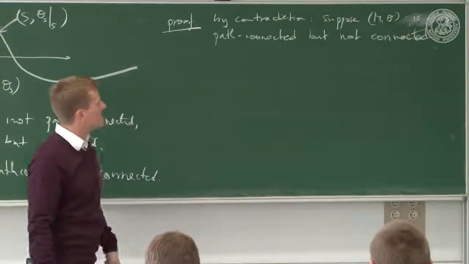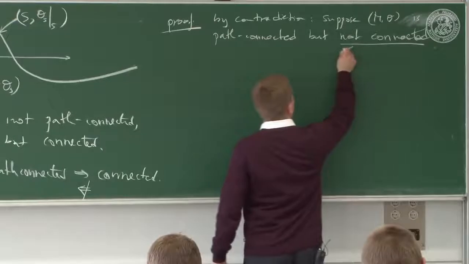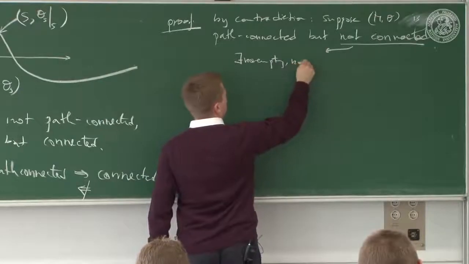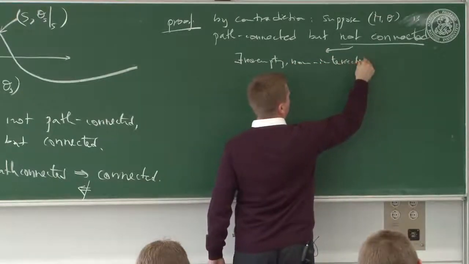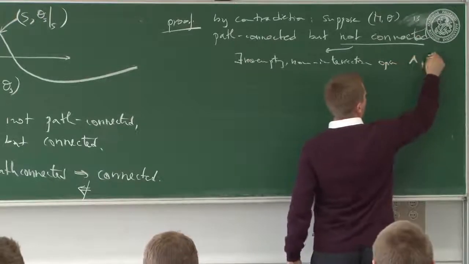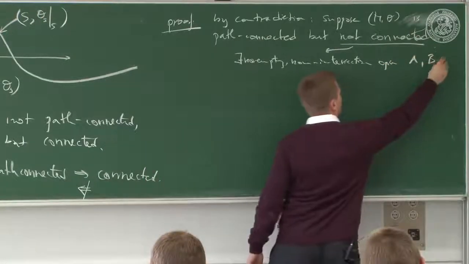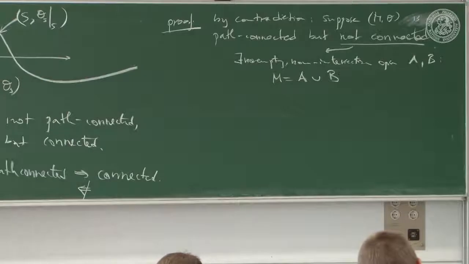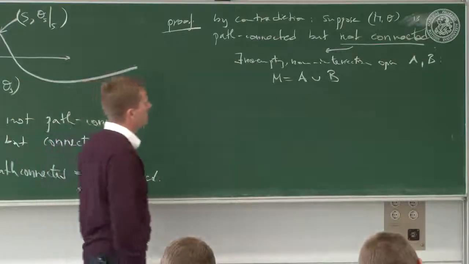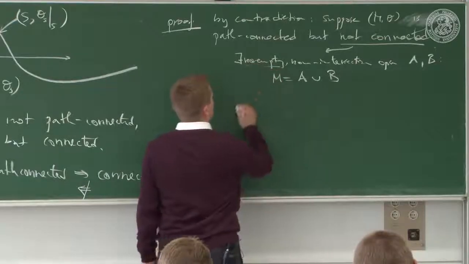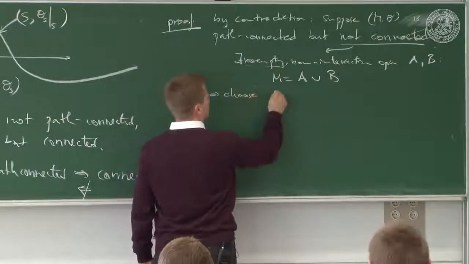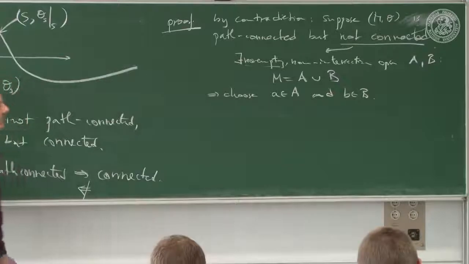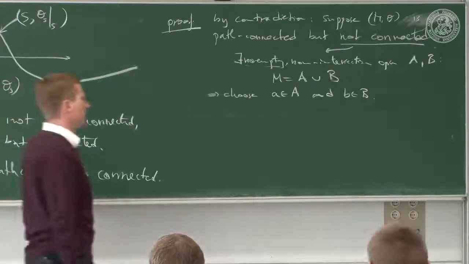M, O is path connected, but not connected. Well, if it's not connected, then immediately it means there exist non-empty, non-intersecting open sets A, B, such that the entire set M decomposes as their union. Now, if these two sets are non-empty, we can choose a point A in A and a point B in B. If they were empty, that would be a problem.